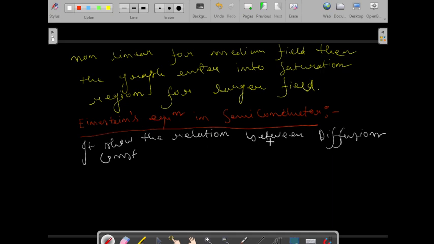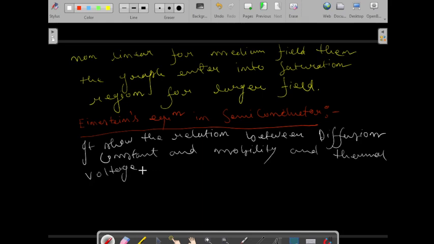So the Einstein equation gives the relationship between diffusion constant, mobility and thermal voltage. If I write this as an equation, it becomes diffusion constant D divided by mobility mu equal to thermal voltage Vt.